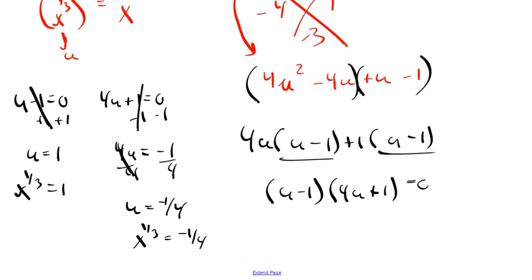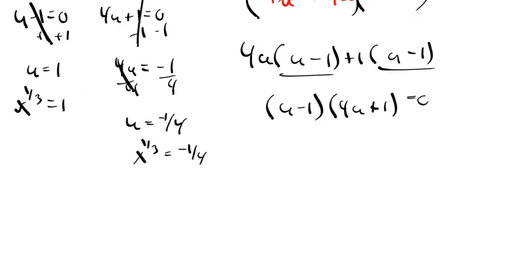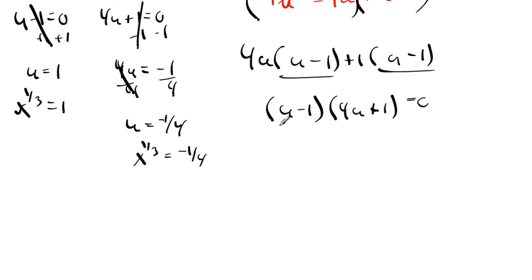All right, so the question is, how do we solve these guys? Our goal is to solve for x, so we want to get rid of the 1/3. We can't just erase it or put a piece of paper over it. So how do we mathematically get rid of the 1/3? The opposite of raising to the 1/3 is raising to the third power.